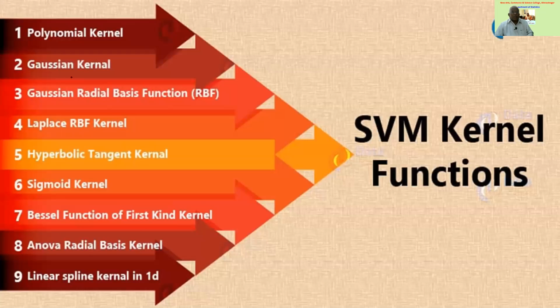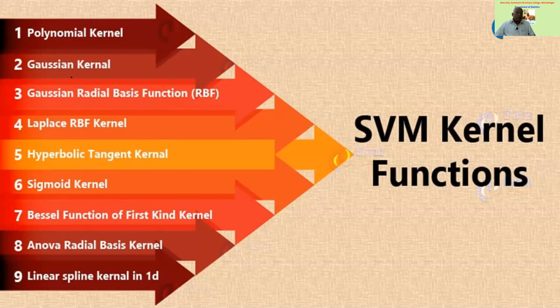Now let us see what other kernel functions there are. The polynomial kernel function: a0 plus a1 x plus a2 x squared plus a3 x cubed up to an x raised to n, where the problem is to define the degree of the polynomial n, and that will be decided by the data.